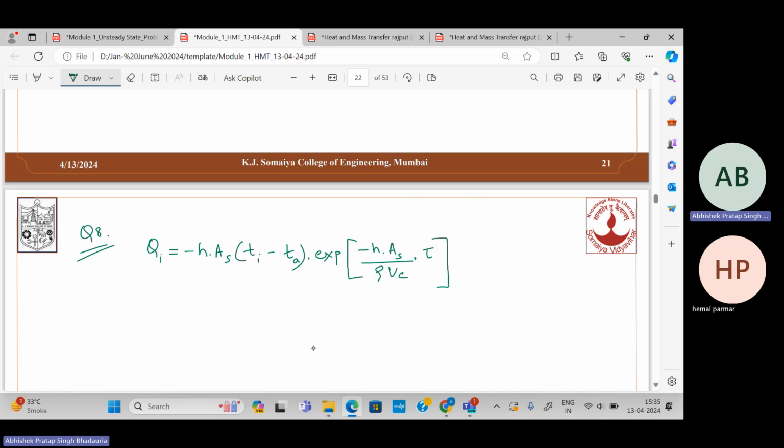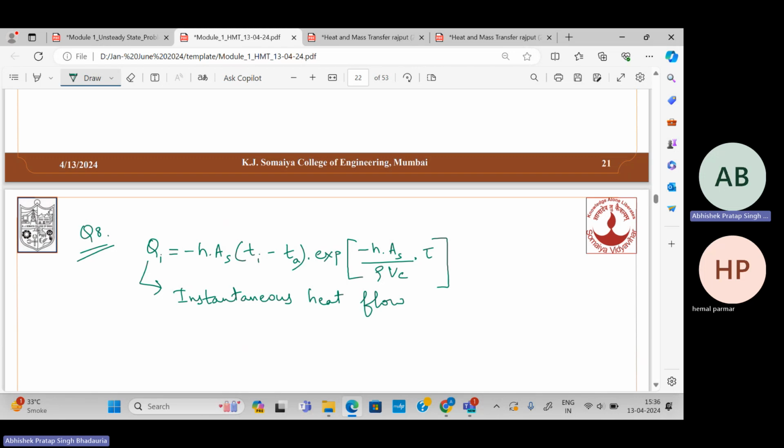This is the expression for calculating instantaneous heat flow rate. We have already derived the relations for the instantaneous heat flow and the total energy or total heat flow.